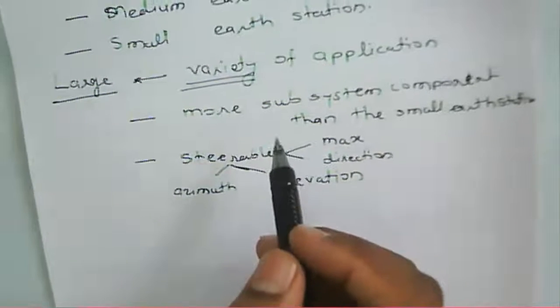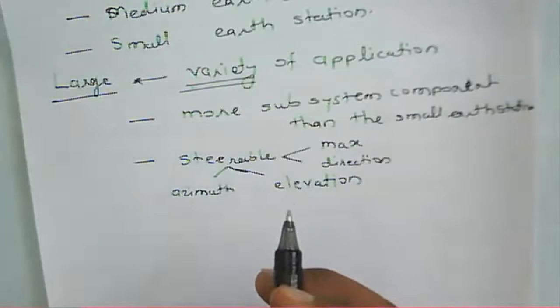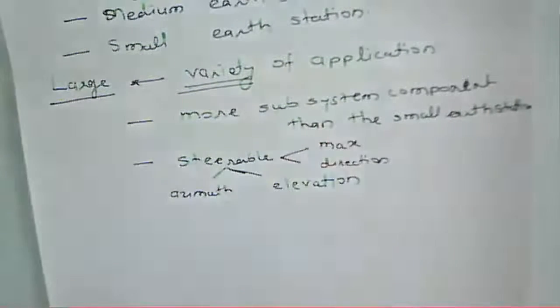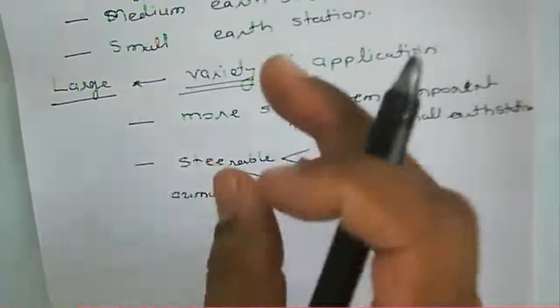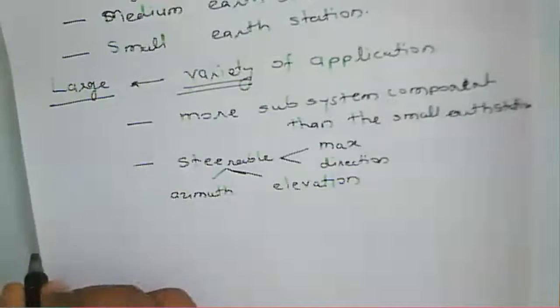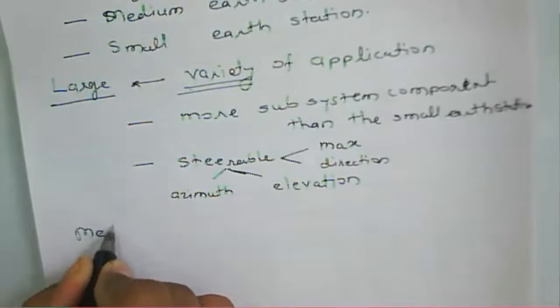So a large earth station has one or more transmitters. Similarly, it has one or more receivers, depending upon how many carriers are transmitted or received by this earth station. That is about a large earth station.